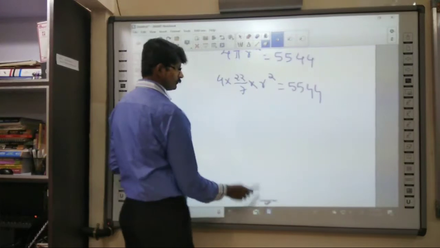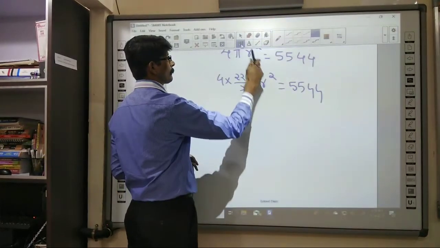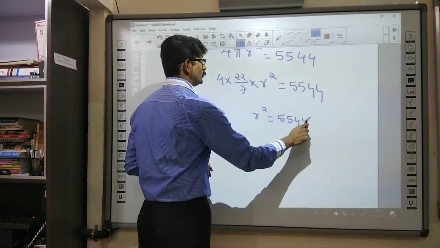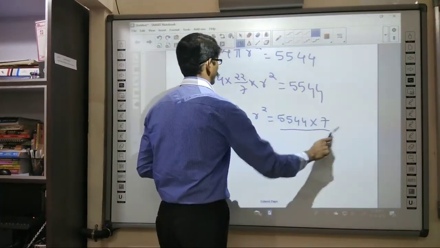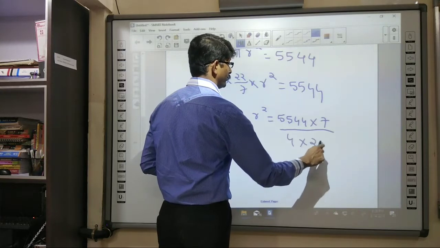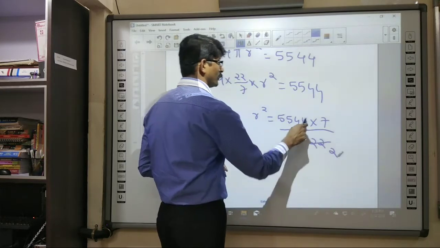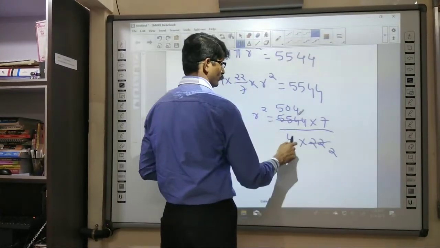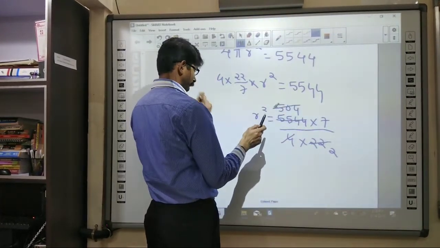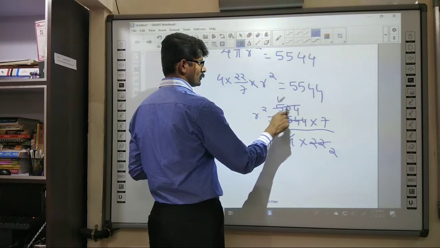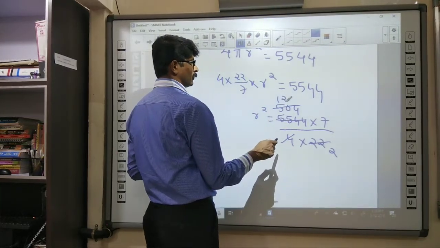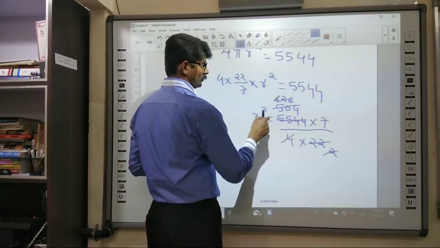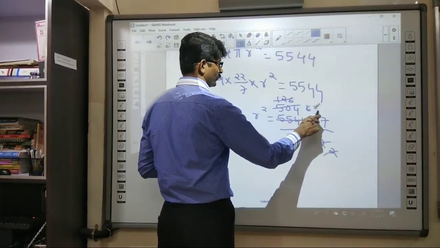It's really simple. r square is equal to 5544 into 7 upon 4 into 22. 11 twos are 22, 11 fives are 55, and 4 ones are 4, 4 twos are 8, and 4 sixes are 24, and then that also I can cancel. 2 sixes are 12 and 2 threes are 6.